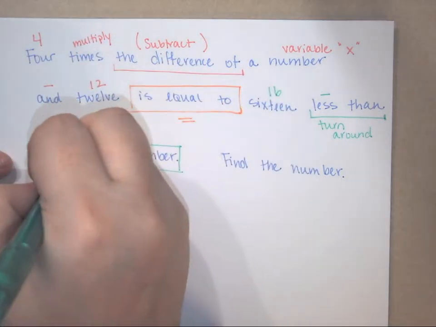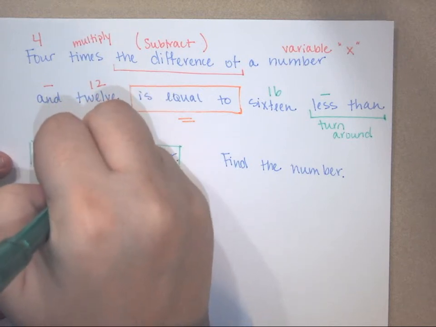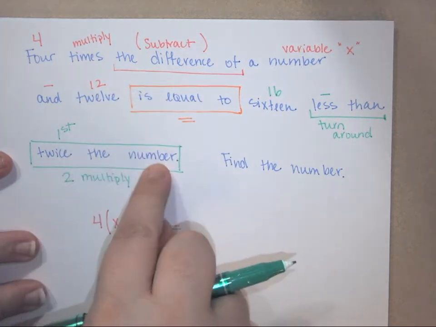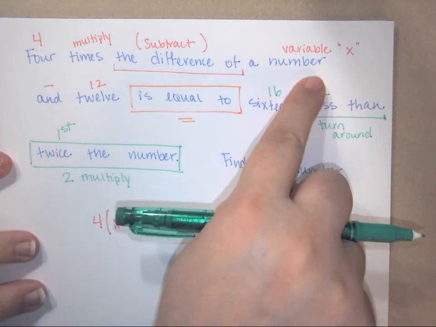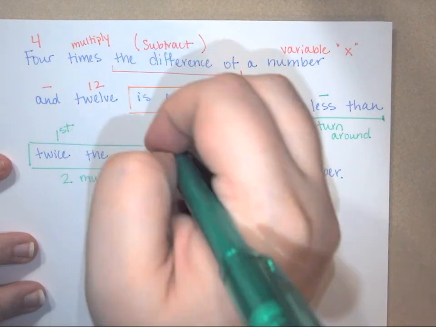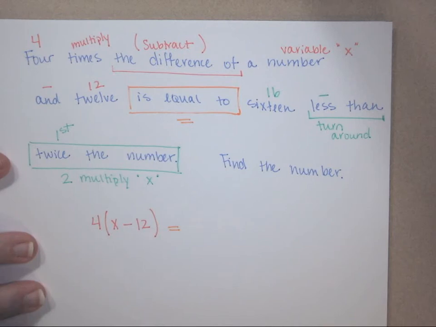Twice is the same as 2 times, or 2 multiply. The number is referring to whatever you determined up here. So this would be your variable, and in this case, x. Okay? So this is going to come first.